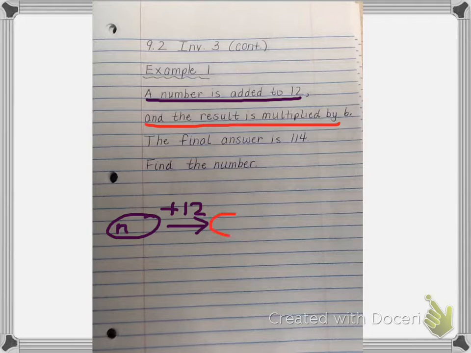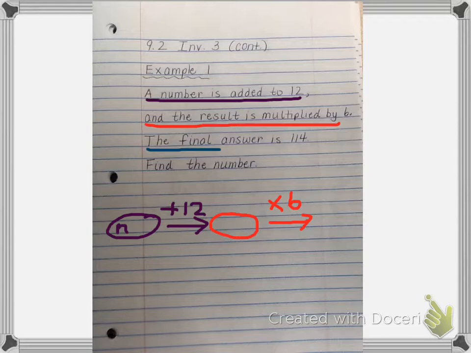The result, meaning whatever I get when I add n plus 12, that answer is going to be multiplied by 6. So I'm going to put a times 6 on top of the next arrow. Make sure this is all in your notes as well.